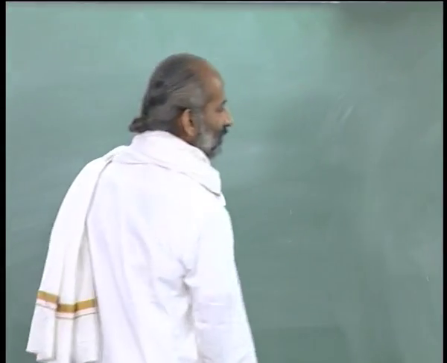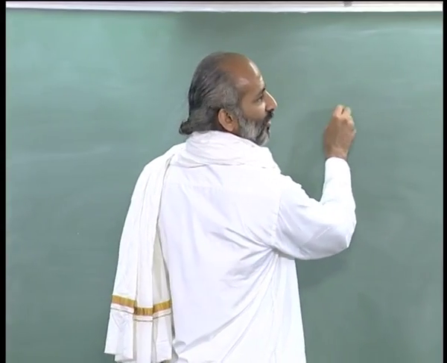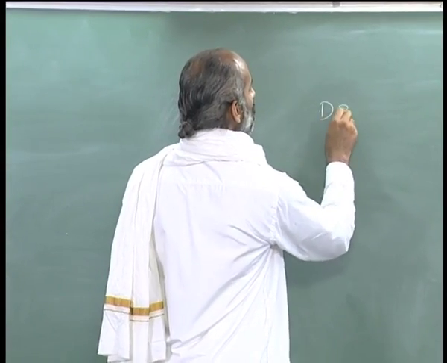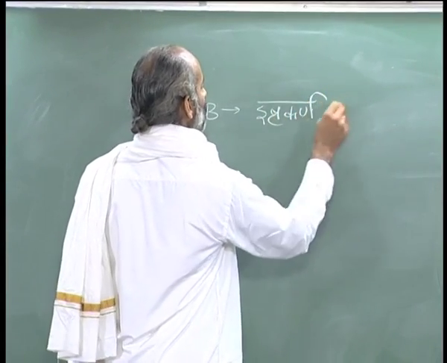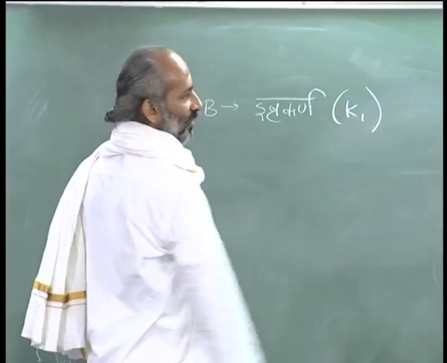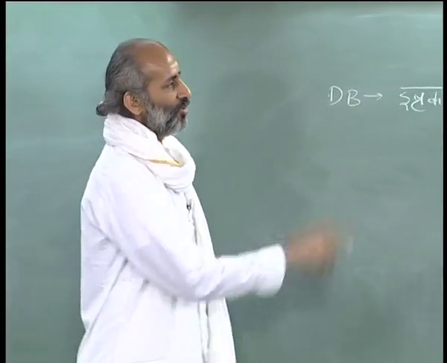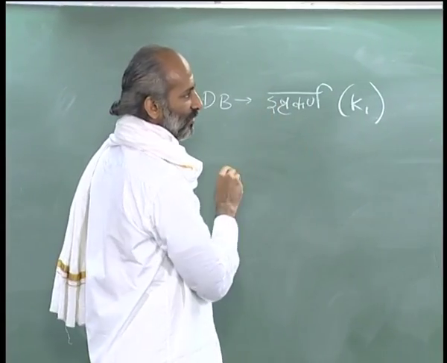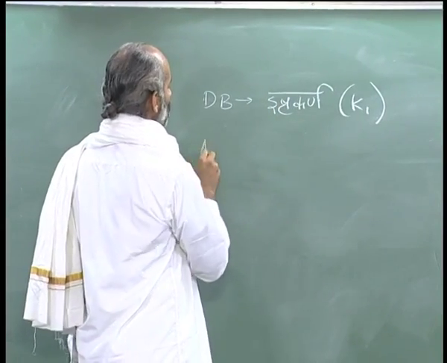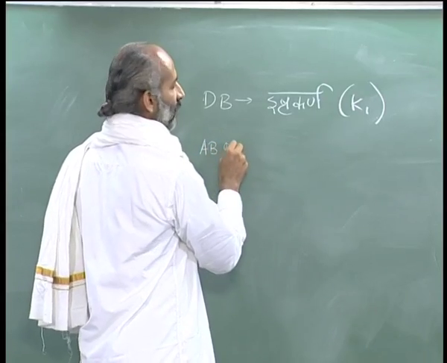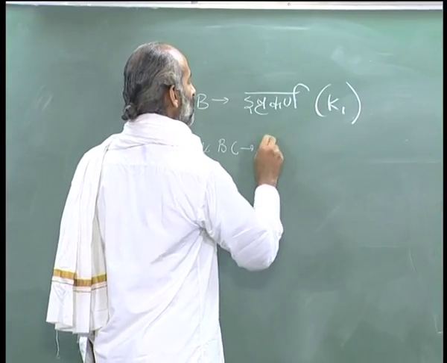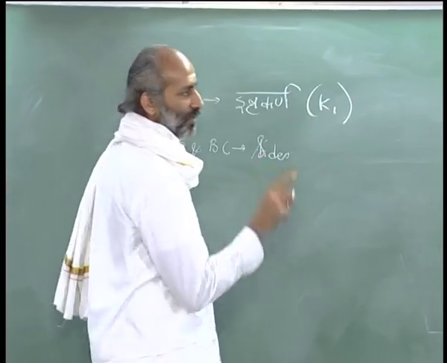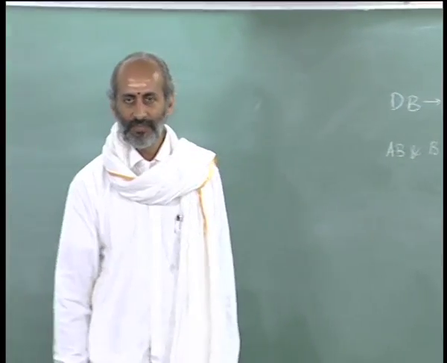So, in this diagram, what does it mean? DB is ishtakarna, which we denote as K1. The karnashrita bhujas are AB and BC, the sides attached to one end of this karna.